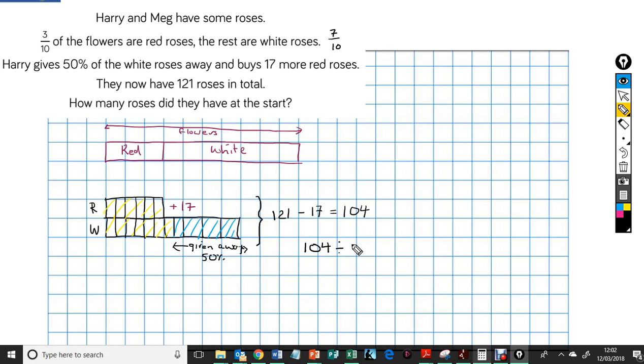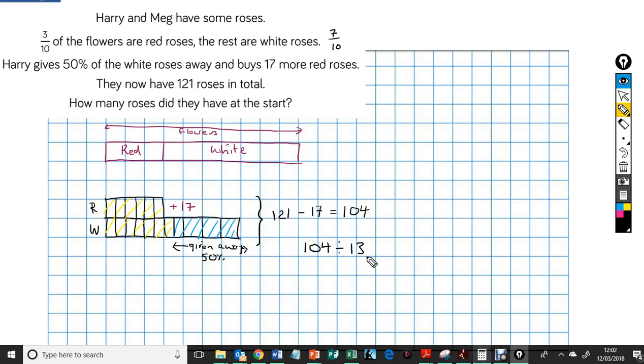And do you know what? I think it's going to be just as easy for me to guesstimate what I have to multiply 13 by to get to 104. I know that 13 times 10 is 130, which is quite a bit too much.